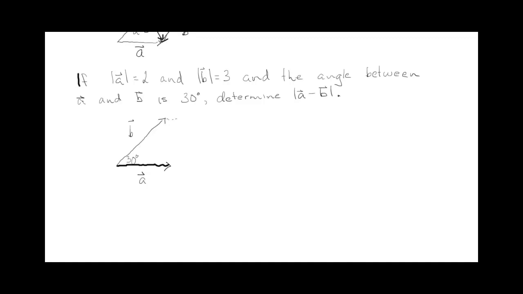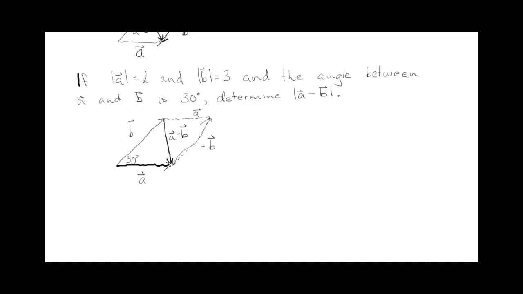To get a minus b, remember, complete the parallelogram. So this would be a up here, and you could think about this one going in this direction as minus b. So a minus b would be this vector right here. So all we have to do is figure out the magnitude of this vector.